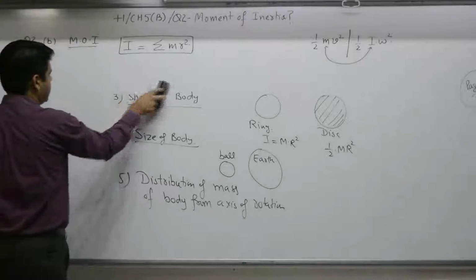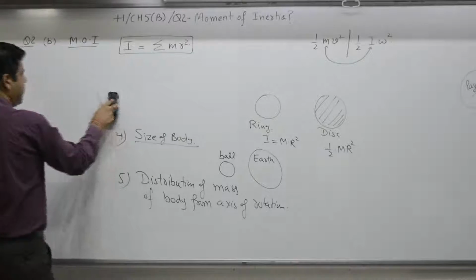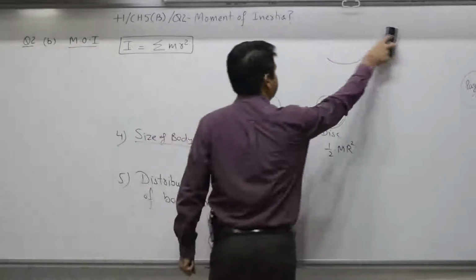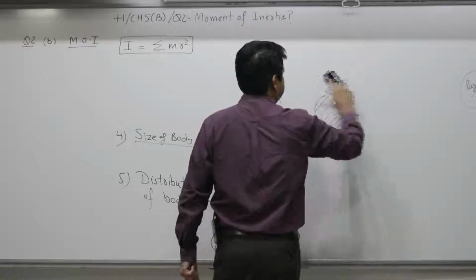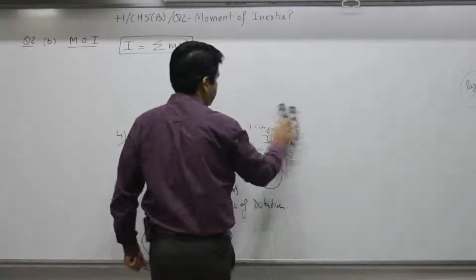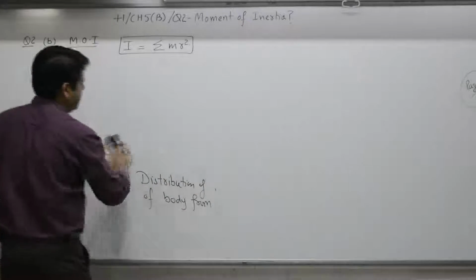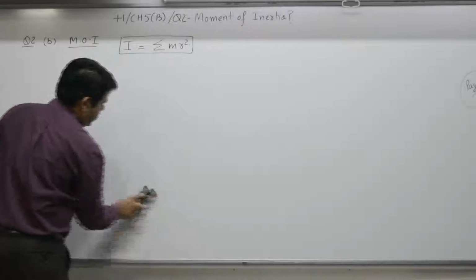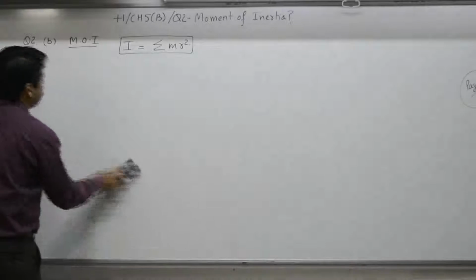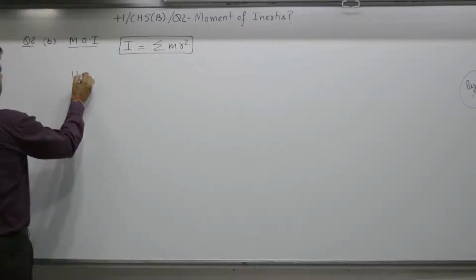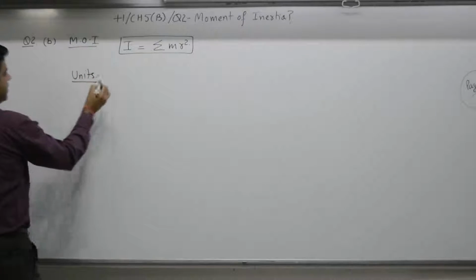B part deals with what? Units, dimensions, whether it is a scalar quantity or a vector quantity. First part, SI units.